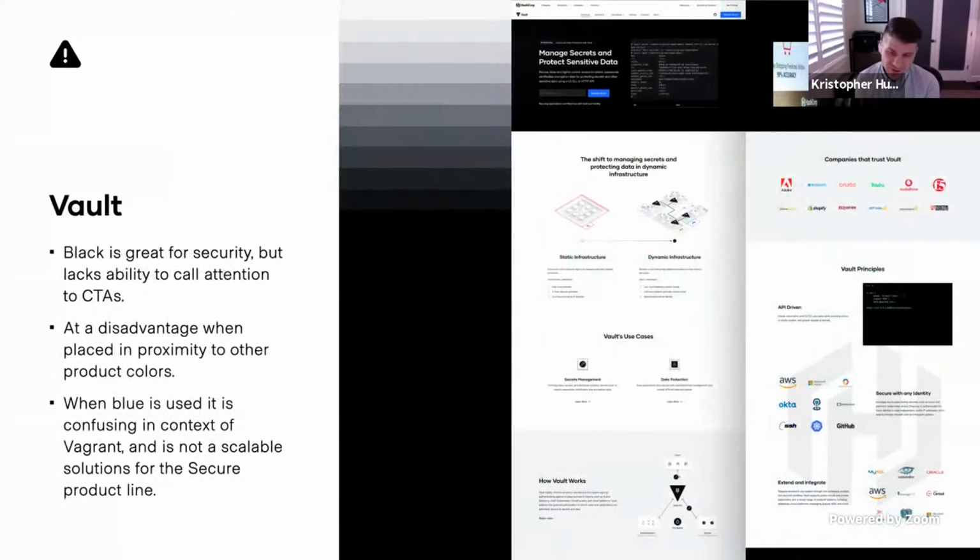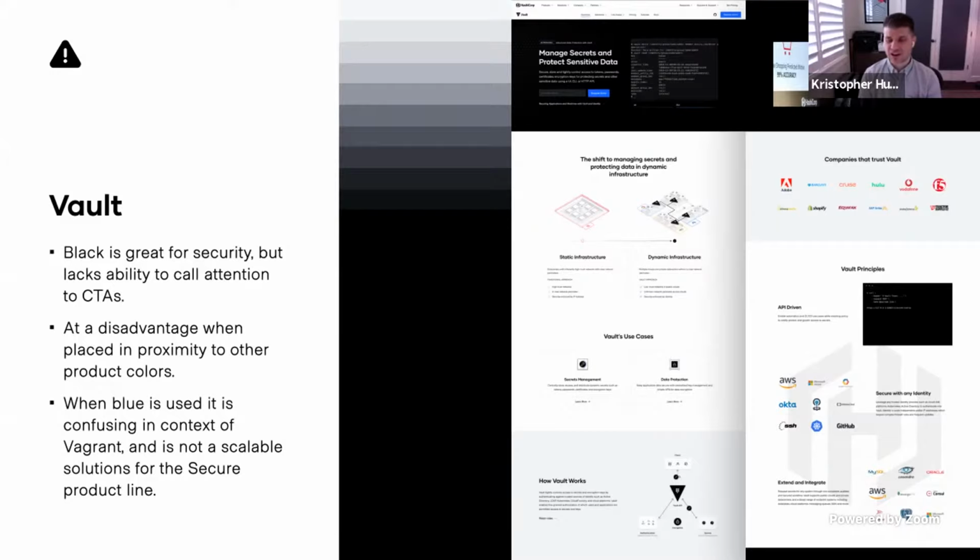Vault is an interesting one because it's black and it doesn't have a color. And I think that's really great for security. I think the metaphors drawn make sense. However, it does make it challenging when trying to draw attention to calls to action or other content.